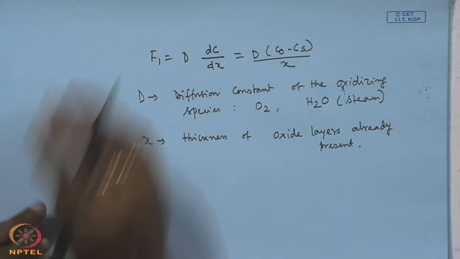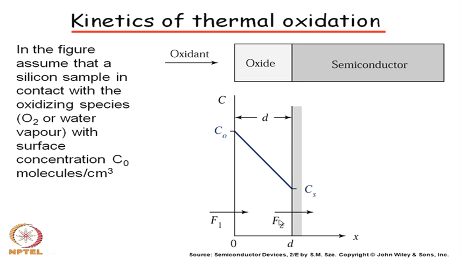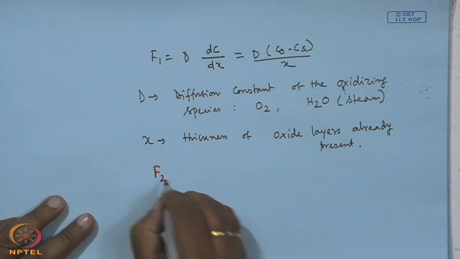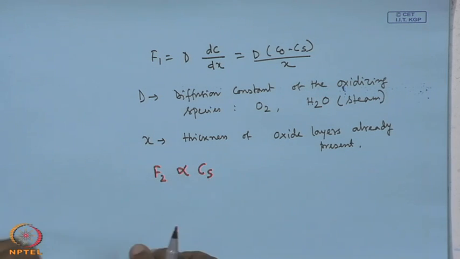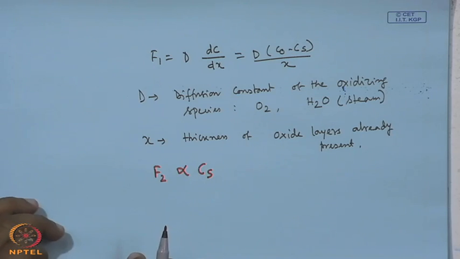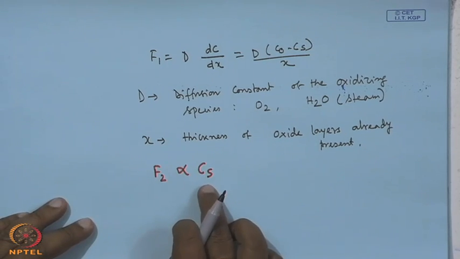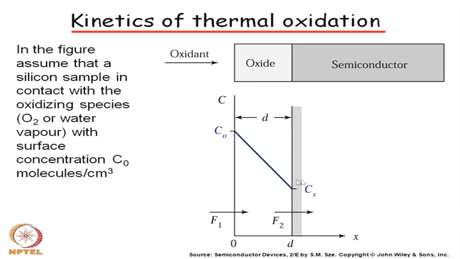Now, this is F1. What about F2? F2 is proportional to the surface concentration Cs, which comes through diffusion through the oxide layer to the surface of the semiconductor.